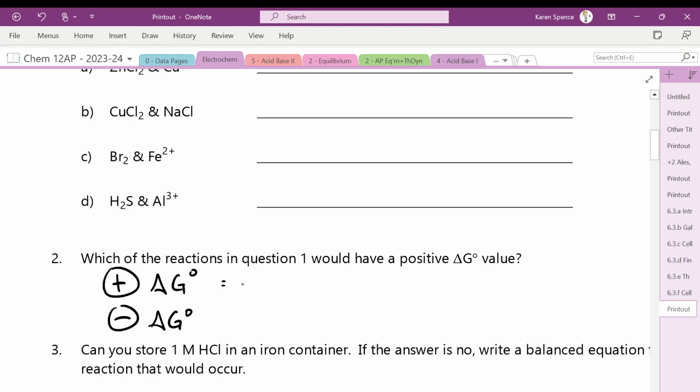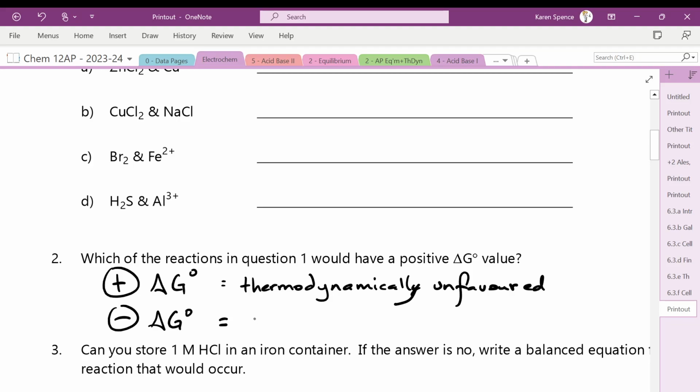This means thermodynamically unfavored. Seriously, like AP had to choose the longest possible way of writing this, right? Non-spontaneous, thermodynamically unfavored.